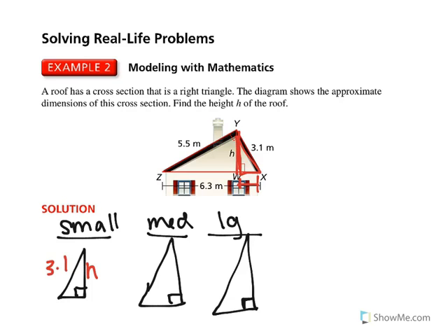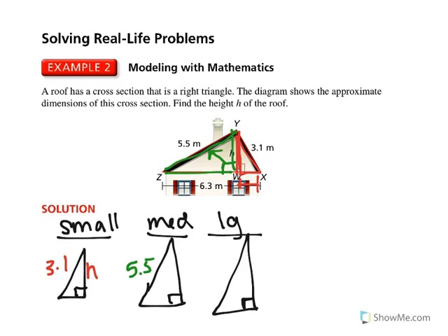Okay, and then let's move on to the medium triangle, which is ZYW. It looks like you always know which one's your hypotenuse because it's across from the right angle. Okay, so 5.5 is across from the right angle, so it's my hypotenuse.